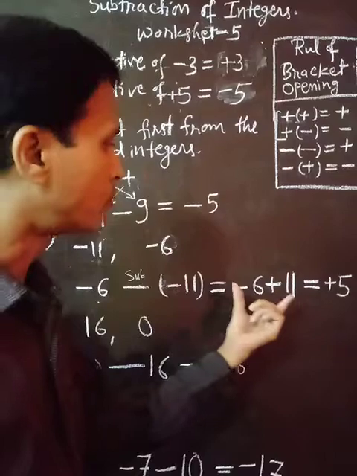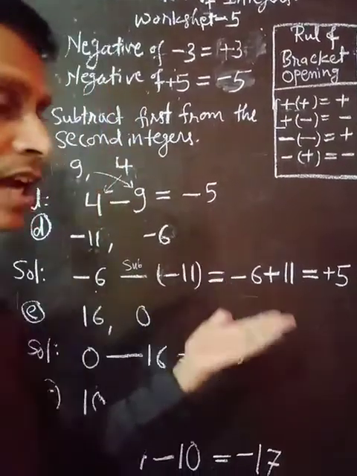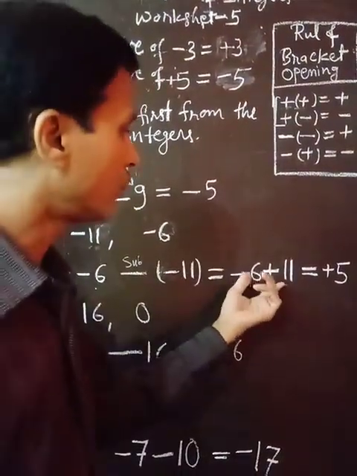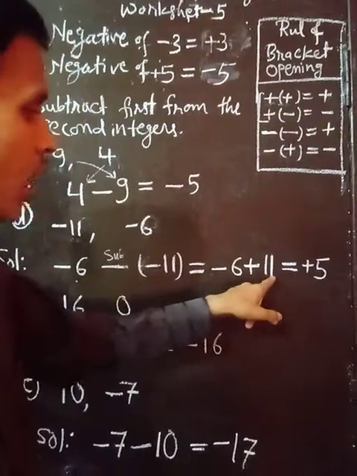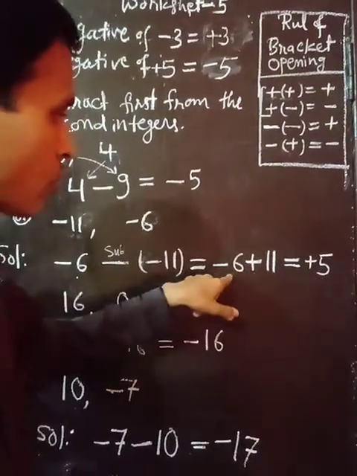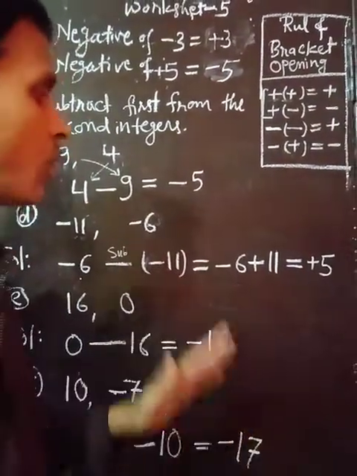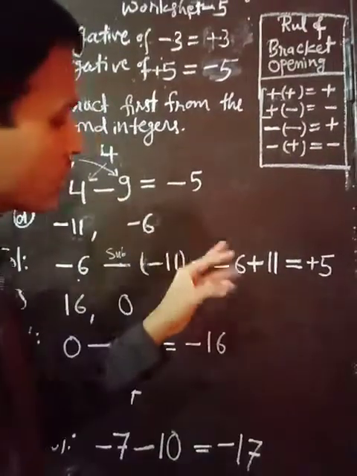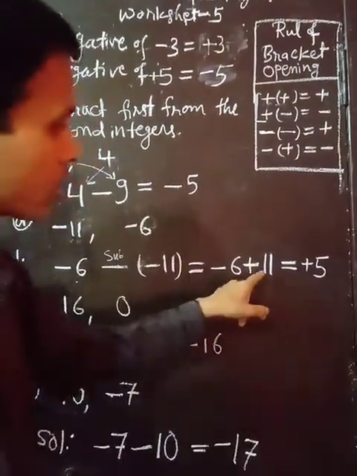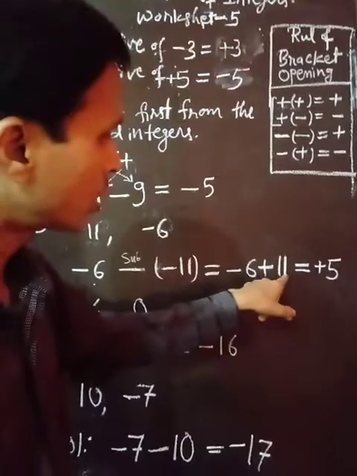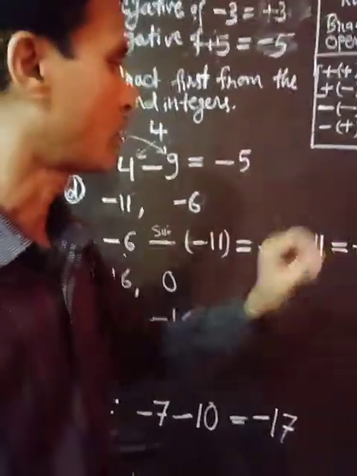If the signs of the numbers are different, we subtract each other. Subtract 11 and 6 from each other. How much will you get? 5. And which sign will you get? The bigger number's sign. The bigger number is 11, so the positive sign will come.